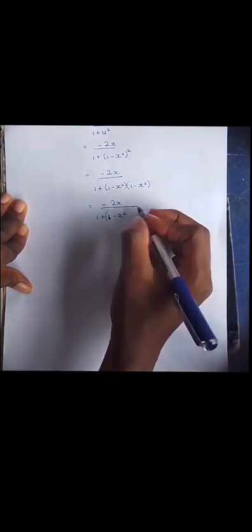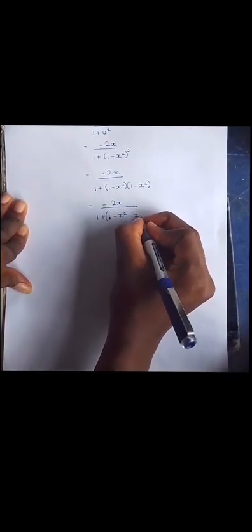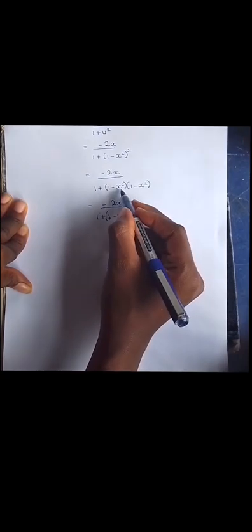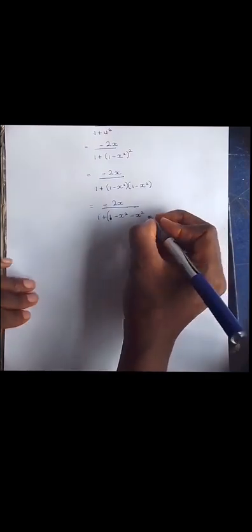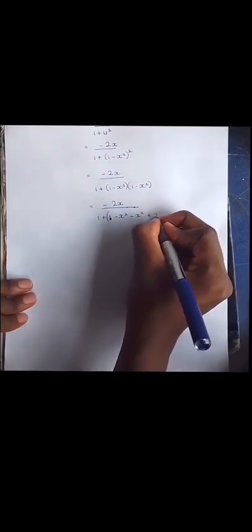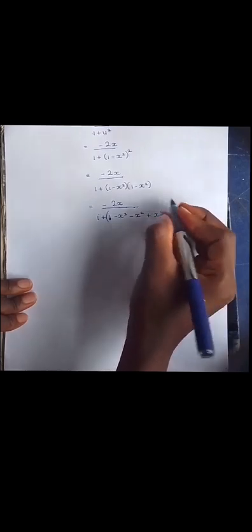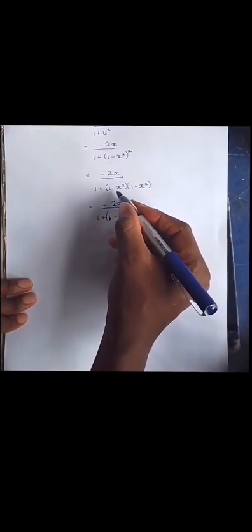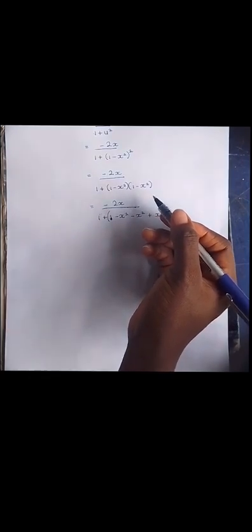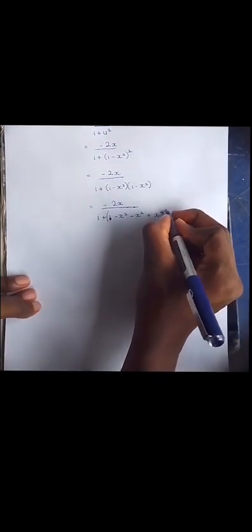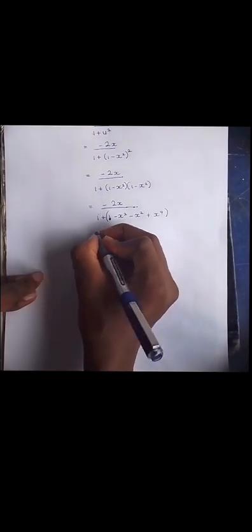Minus x squared times 1 is minus x squared. Minus x squared times minus x squared is going to give me plus x raised to the power 4. Minus times minus is plus. And x squared times x squared, remember our rule, the index rule, you sum up the powers.